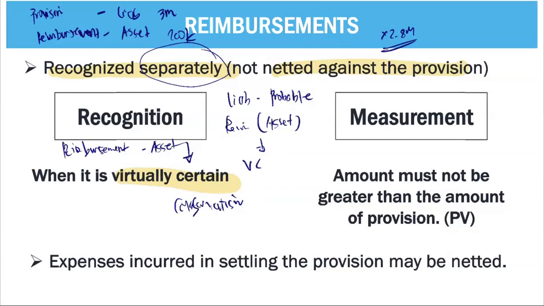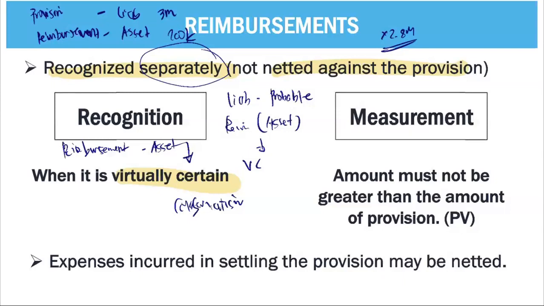Why again? Because of the principle of conservatism, which states that it would be better to overstate your liability than understate it, or better to understate your asset than overstate it. So as you can see, since the level of recognition for a liability is lower, there is a chance that you can overstate your liability. But for your asset, there is a higher level of recognition, which is virtually certain.